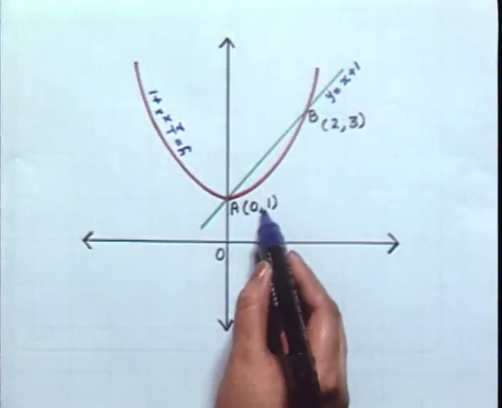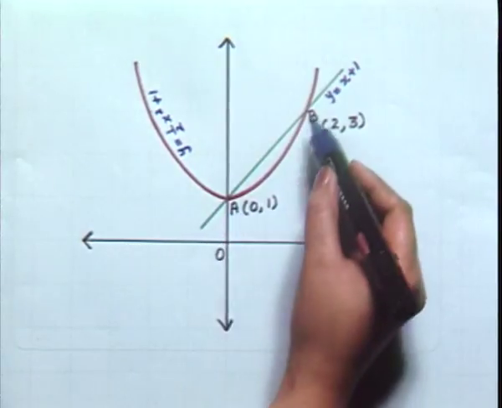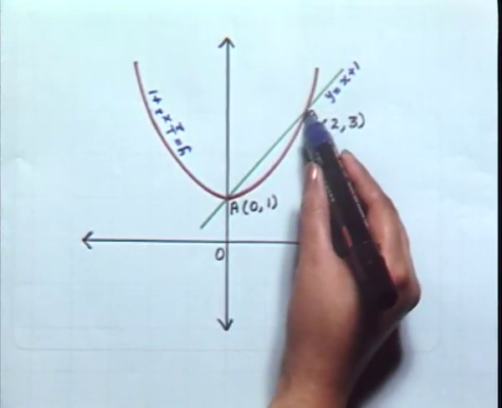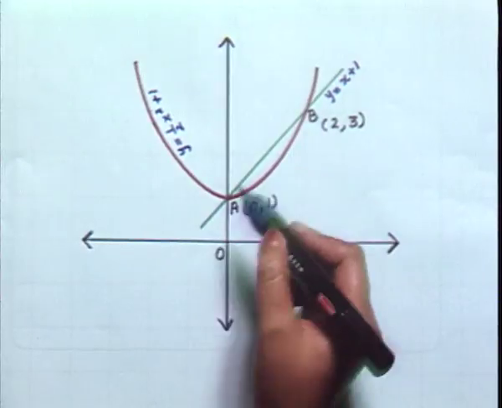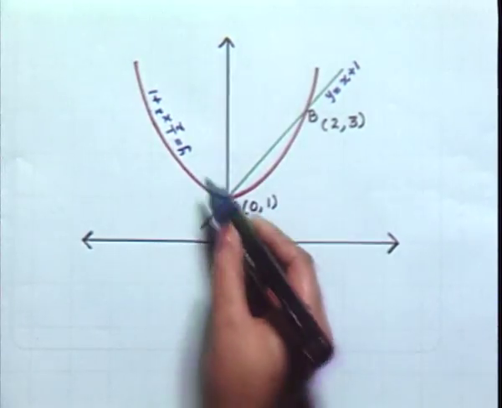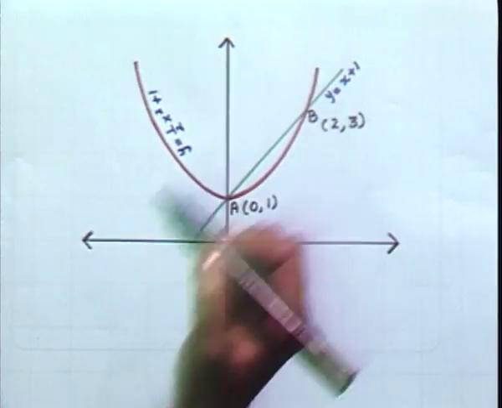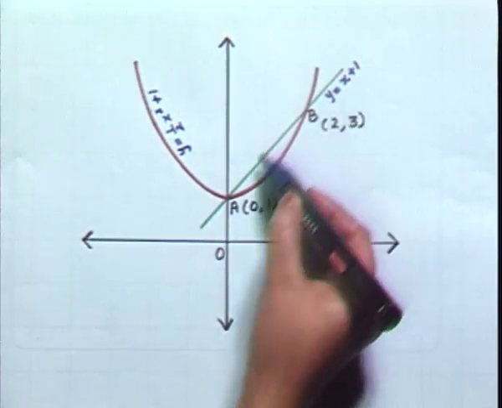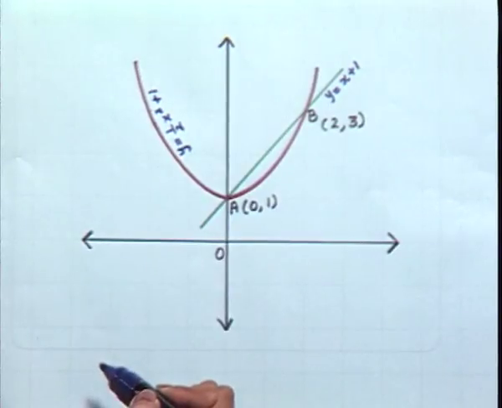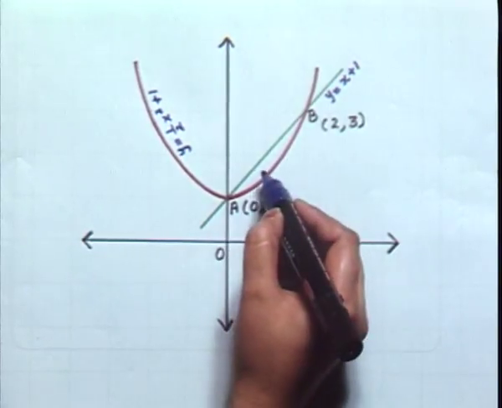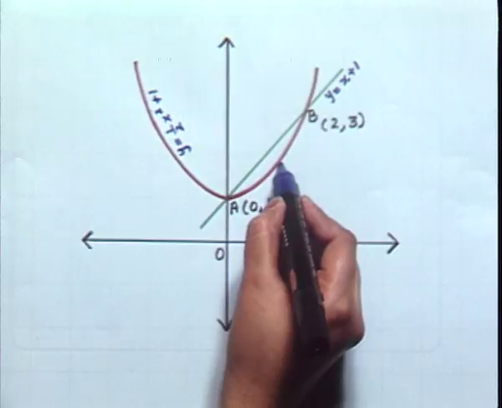So, you have (0, 1) as the vertex, and you have (2, 3) as the point which the line and the curve share. Y is equal to half x square plus 1 means it is symmetric with respect to the y axis.